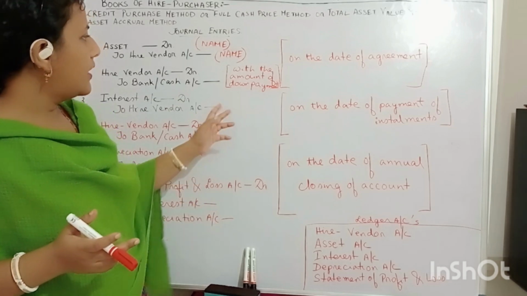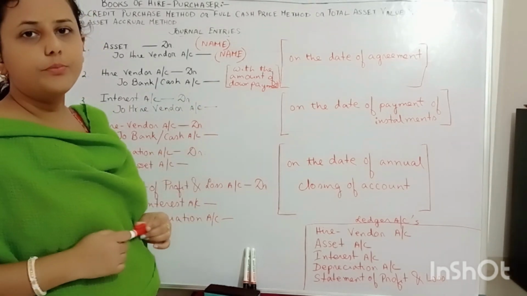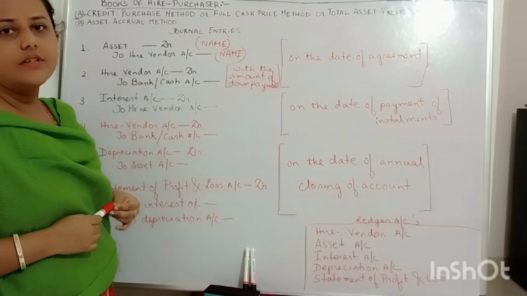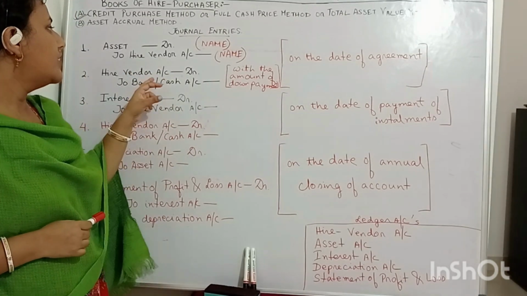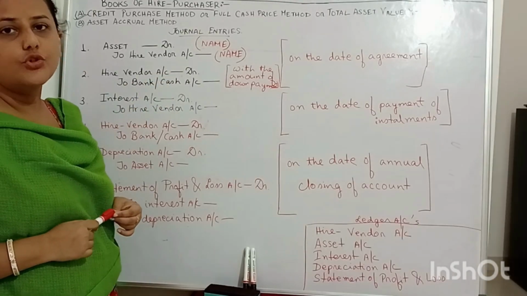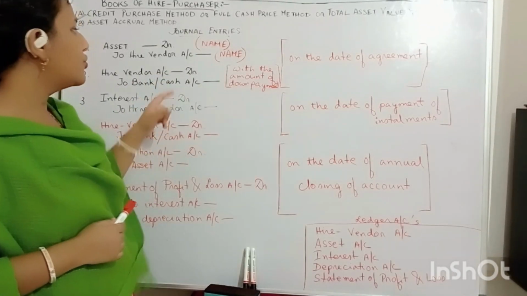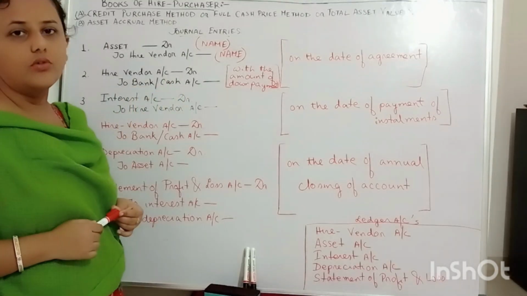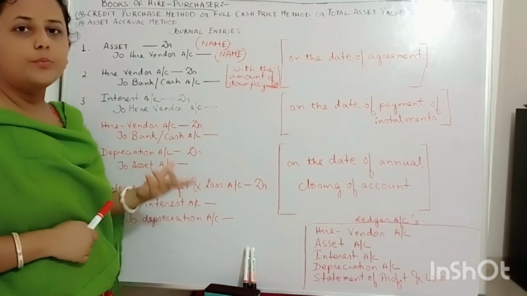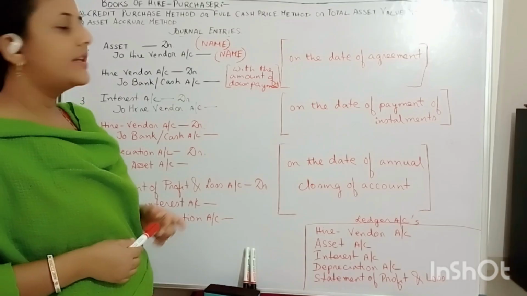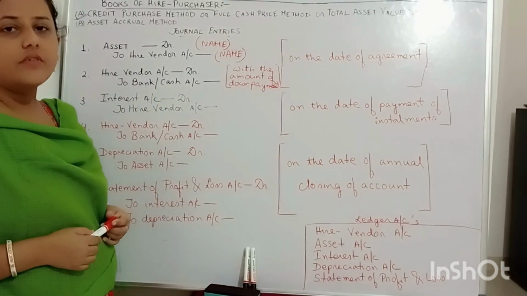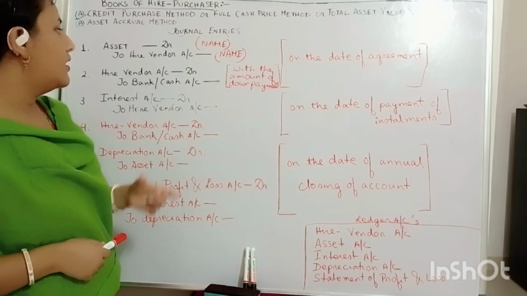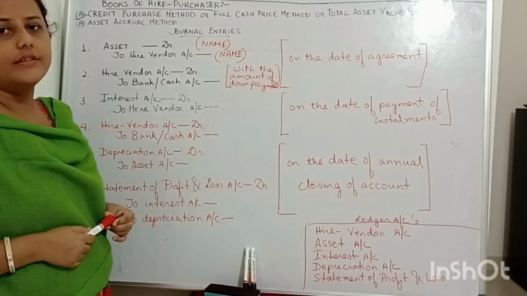So an amount of down payment is paid. So hire vendor liability decreases. We know when liability decreases it should be debited. Bank or cash account is credited: if it is paid by cheque, then bank account is credited, and if it is paid in cash, then cash account is credited.